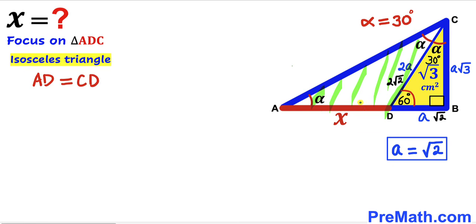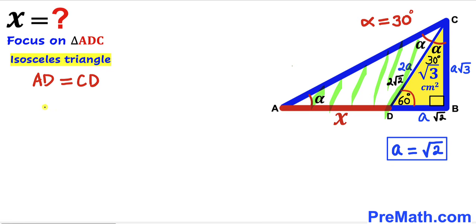So therefore we conclude that this isosceles triangle has this side AD equal to this side CD, as you can see in this given equation. And we know this CD length is 2 times square root of 2, and this side length is x.